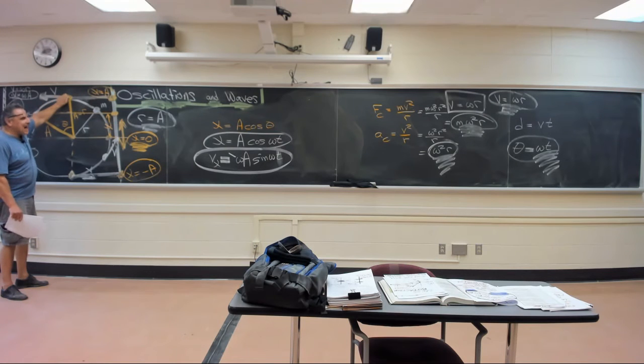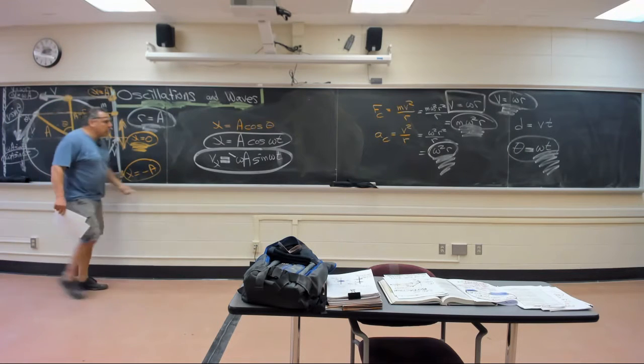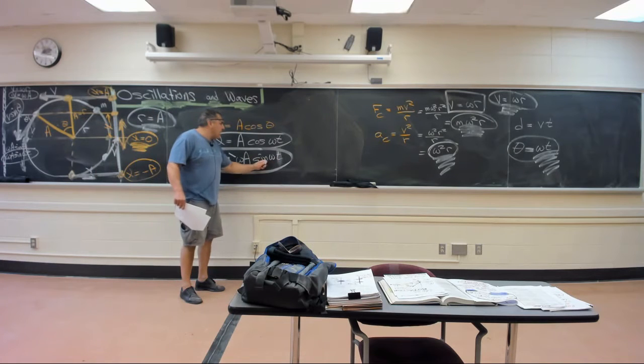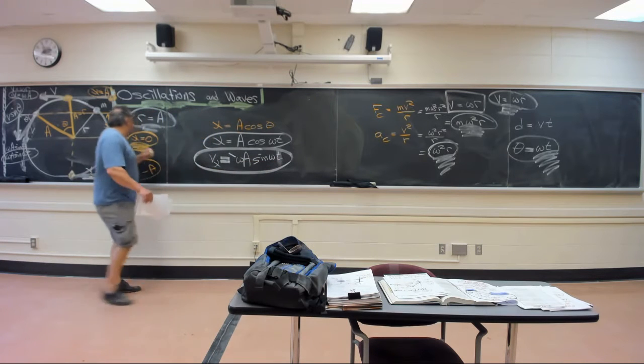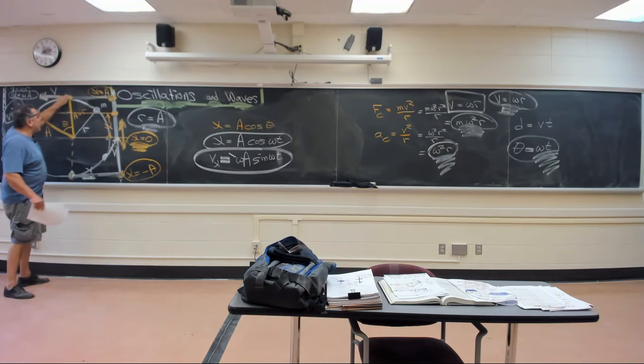In fact, theta here would be 0. The sine of 0 is 0. It has no speed. Up here, it ain't going up and it ain't going down for just an instant. And then, bam, it starts accelerating downward.